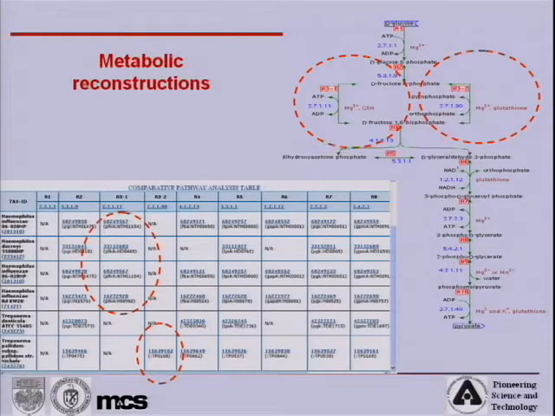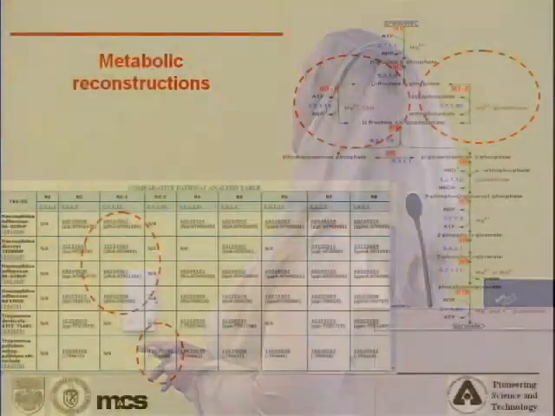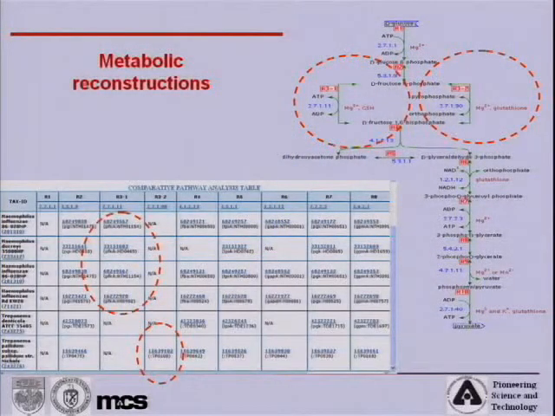Some of the organisms have ATP-dependent phosphofructokinase. The other organisms have pyrophosphate-dependent phosphofructokinase. For example, from the genomic data, we understood that Haemophilus influenzae was predicted to have ATP-dependent phosphofructokinase.